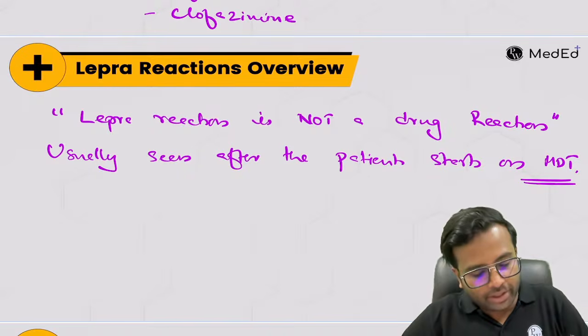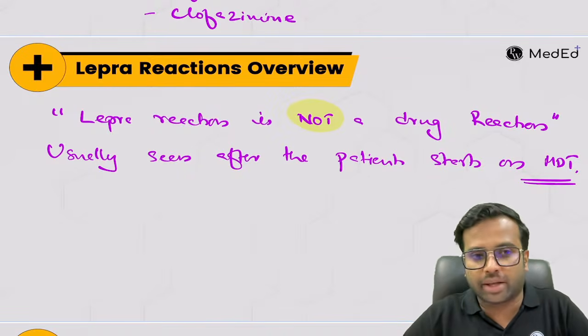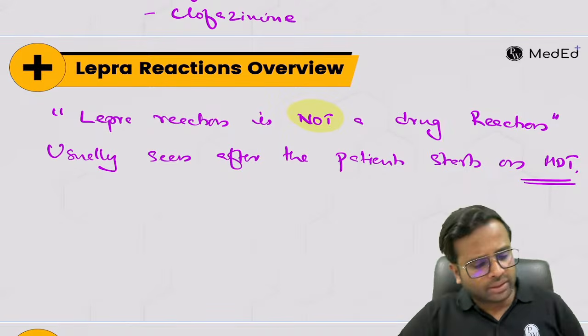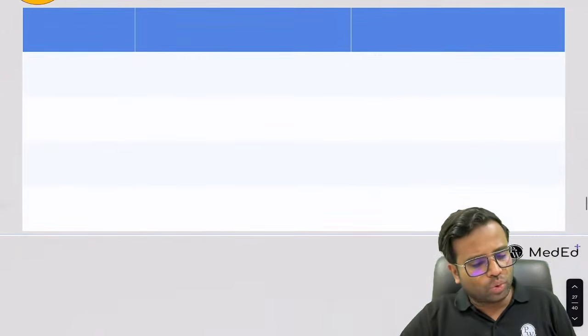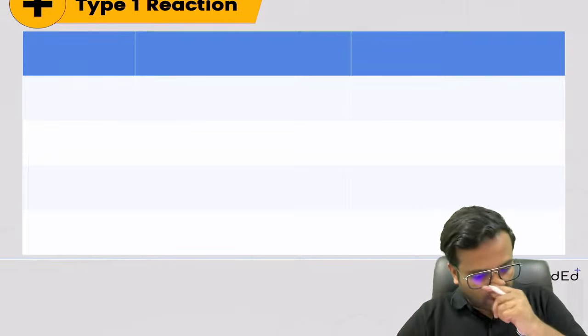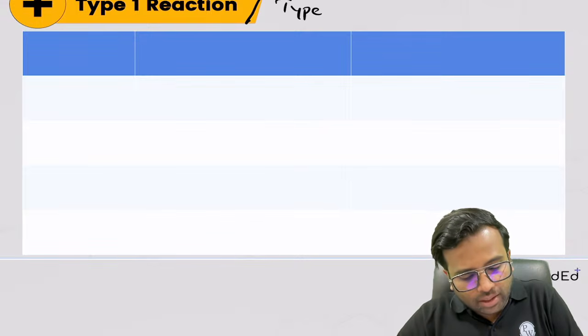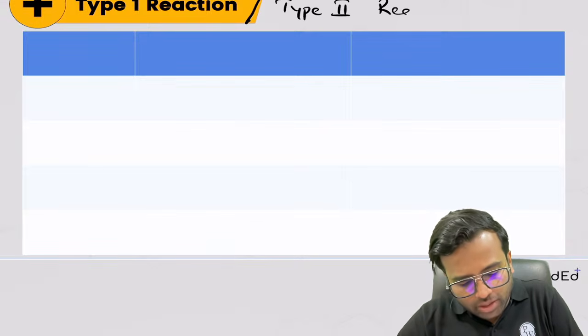But remember, it is not a drug reaction. And to write about lepra reaction, the best way is to use a table, because there is a type 1 reaction as well as type 2 reaction.